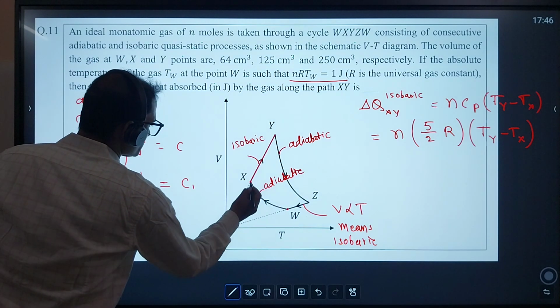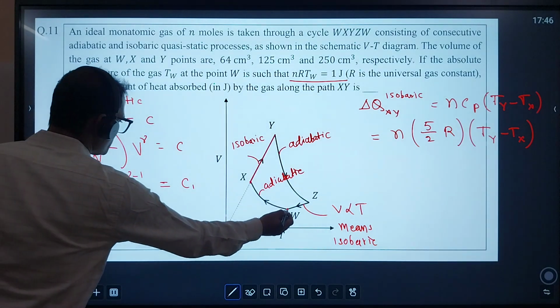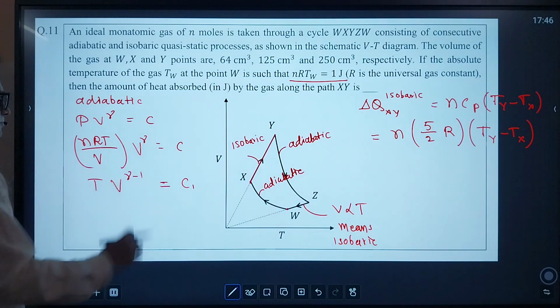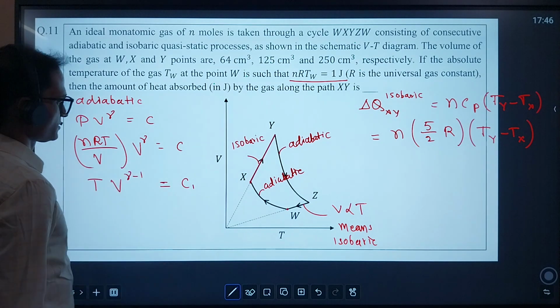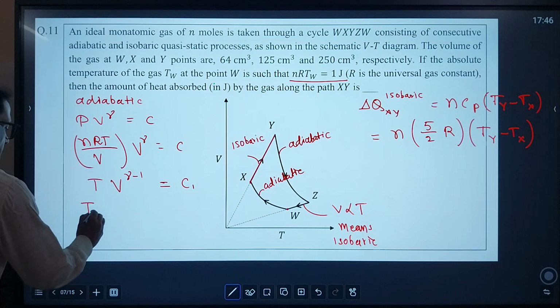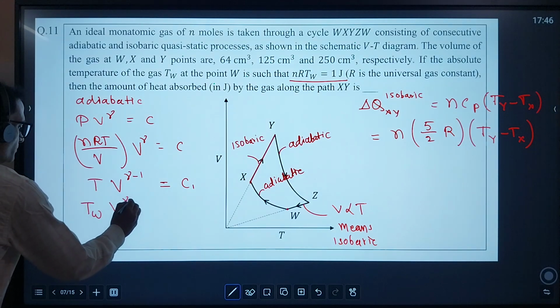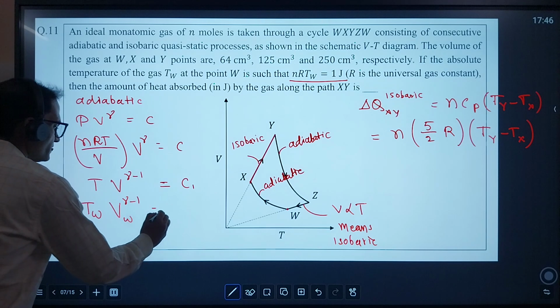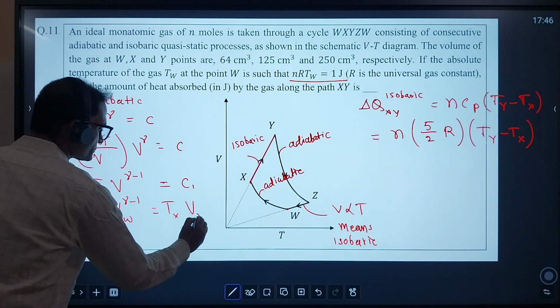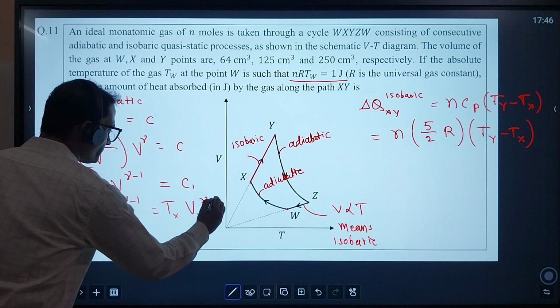We will look at this process. This process is adiabatic, and for an adiabatic process we have this equation. I will write Tw Vw to the power gamma minus 1 is equal to Tx Vx to the power gamma minus 1.